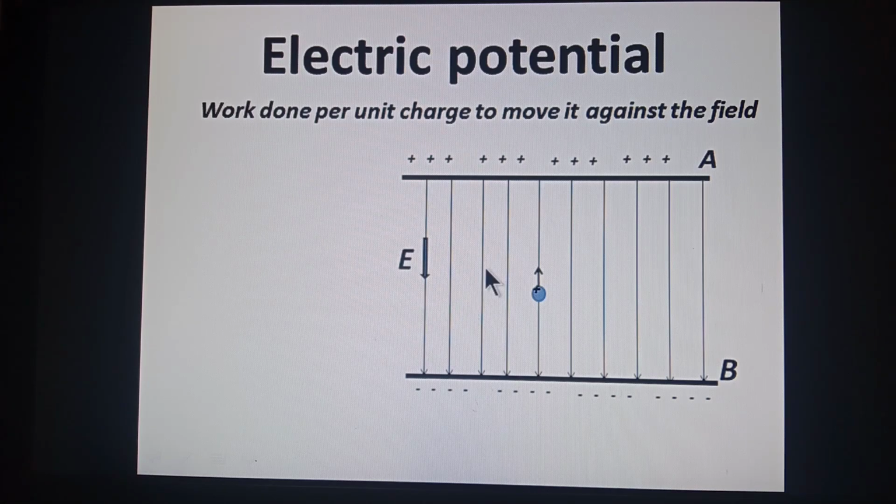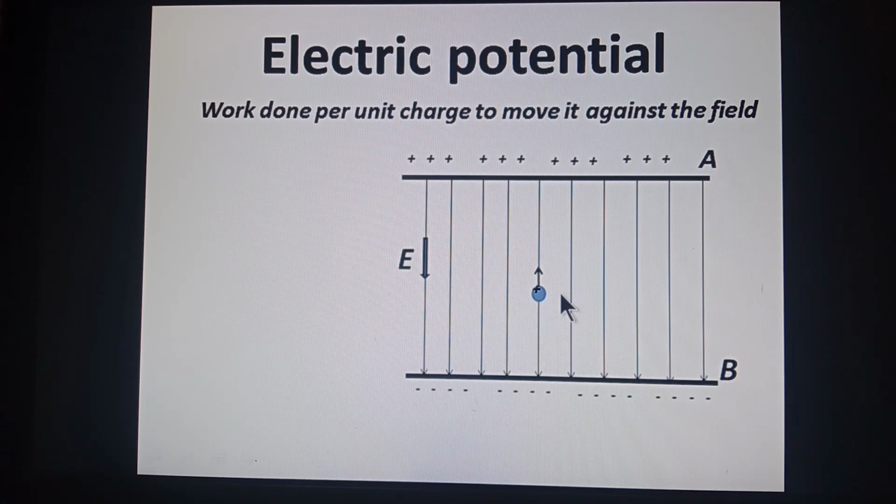Now students, if we have a positive charge and we want to move it from point B towards point A, it means we are moving that charge against the field. Whenever we move against the field, we have to apply force and the charge covers some distance, so work is done on the charge.